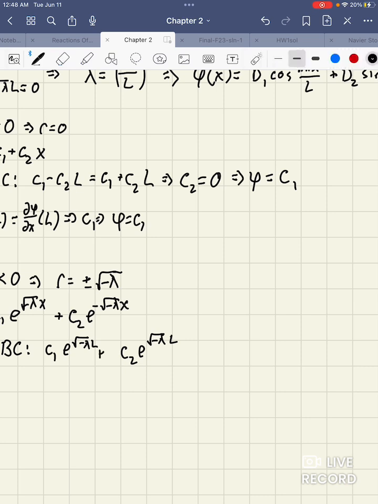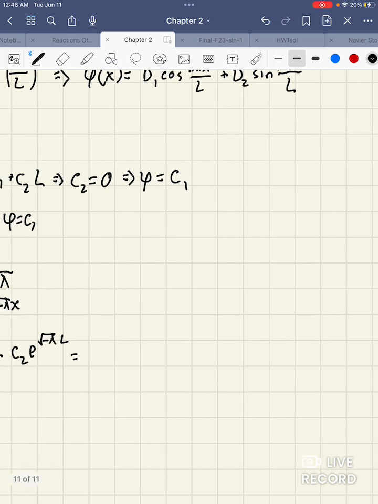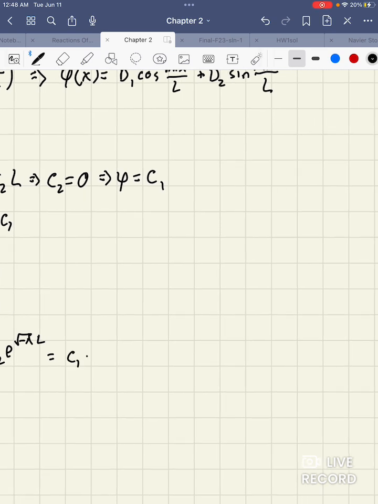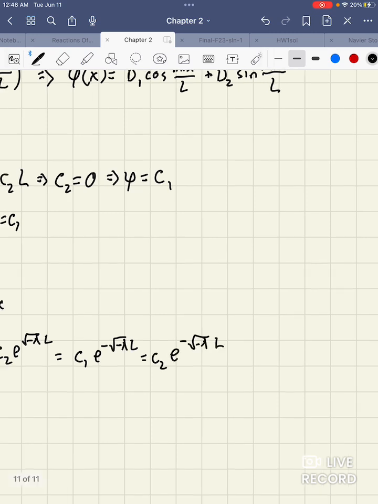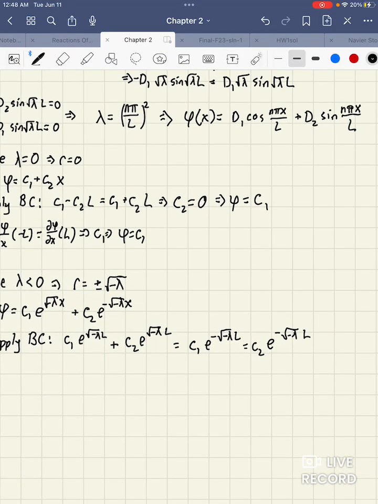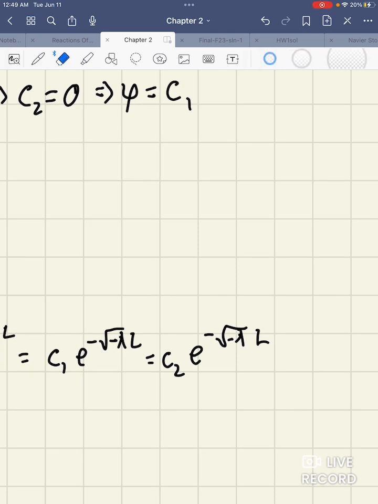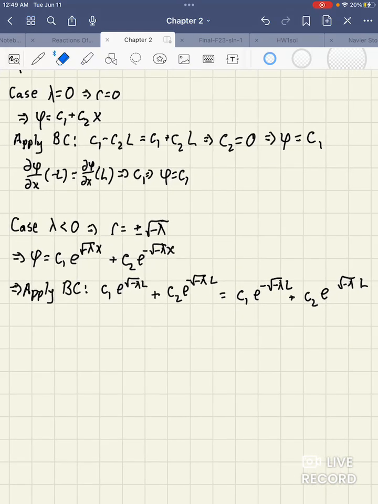is equal to c2 e to the square root negative lambda L, plus c1 e to the negative square root negative lambda L is equal to c2 e to the negative square root negative lambda L. This is negative... why do I keep messing this up? Now that's become positive.